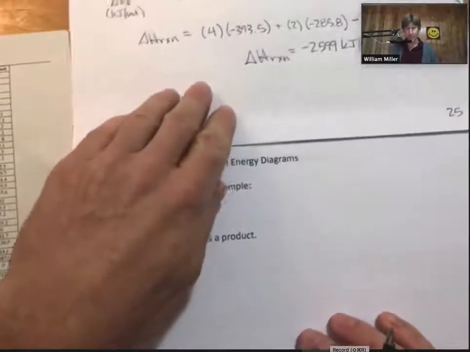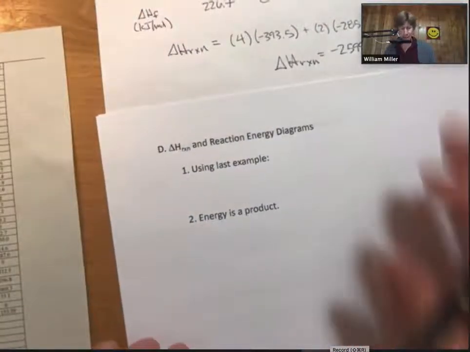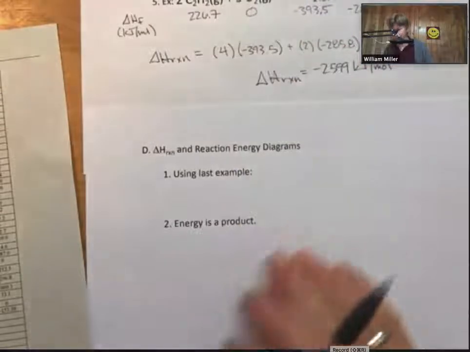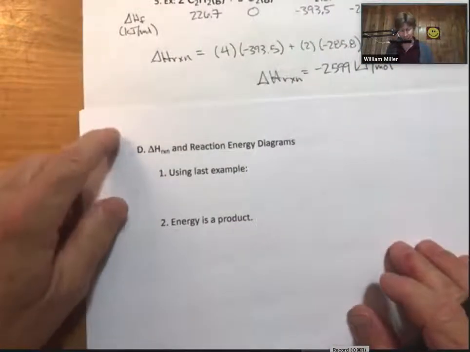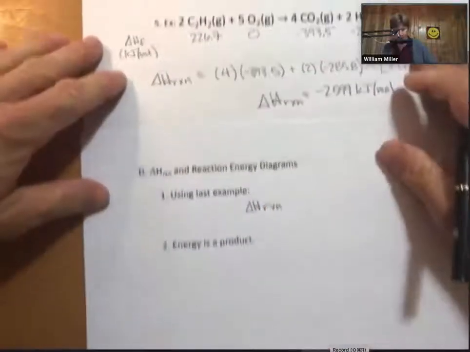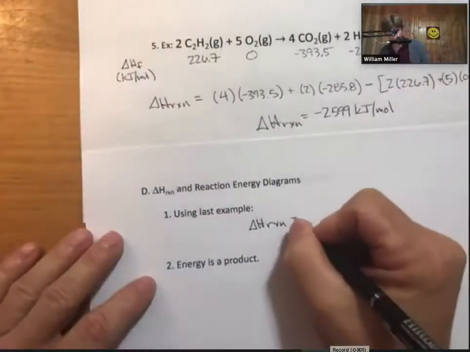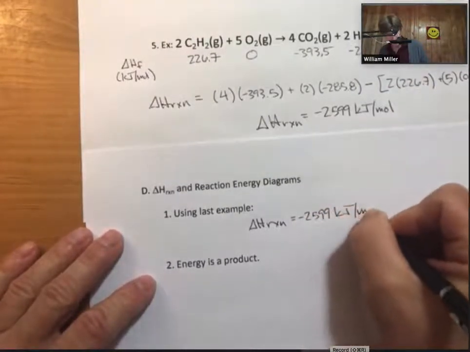Now, let's see if I can leave that up there. There we go. Now we're going to do what's called a reaction energy diagram, using the last example. Delta H reaction equals minus 2599 kilojoules per mole.